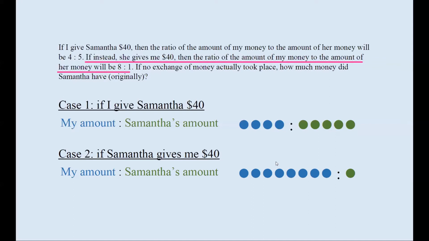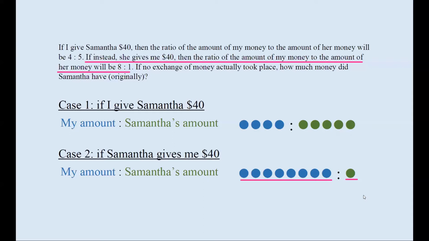The total amount of money the two individuals, that's me and Samantha, have is not changing. So keep that in mind. This is going to be my amount, 8 circles. If 8 circles represent my amount, then 1 circle will represent Samantha's amount.